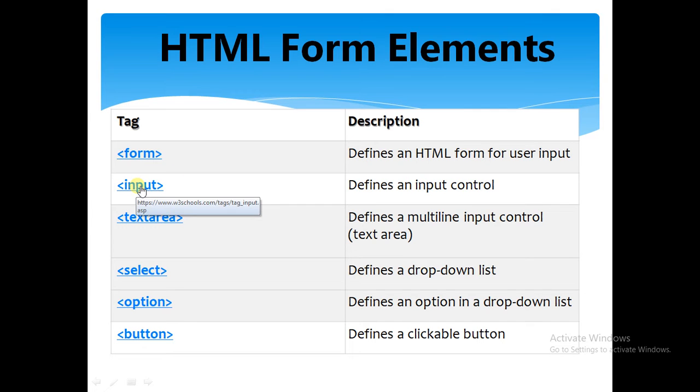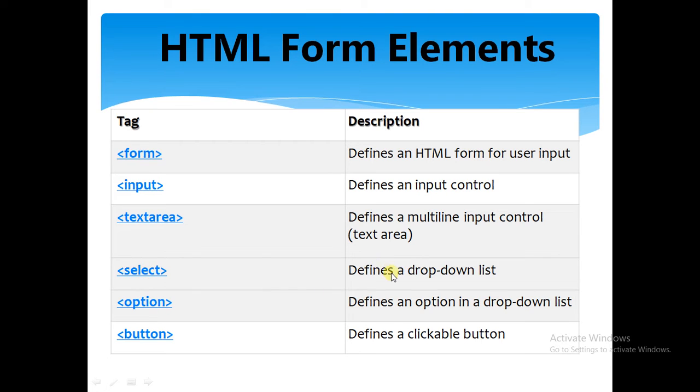Next, input defines the input controls, and textarea defines multiple-line input control. If you want to write multiple lines of text in a single box, we need to define a textarea.